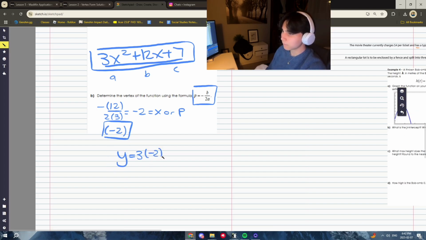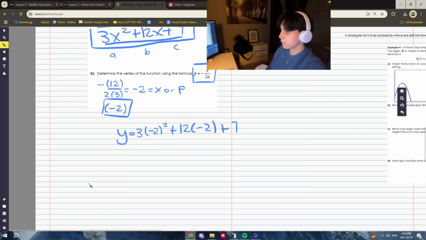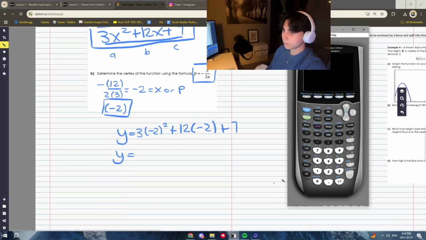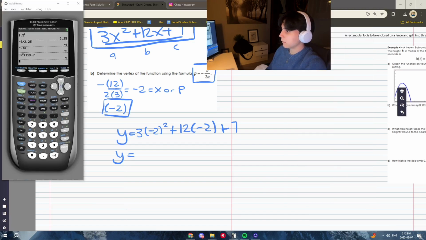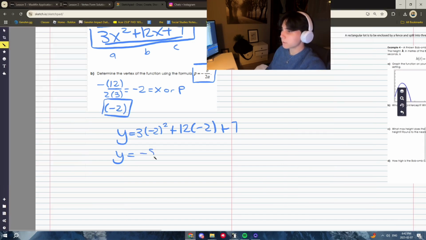So it's -2 squared plus 12 times -2 plus 7. I'm going to put that all in my calculator, and that should give you the y value of your vertex. All right, I got -5 as our answer here. So it should be -2 comma -5. And we determined that algebraically. So yeah, that's how you do that.